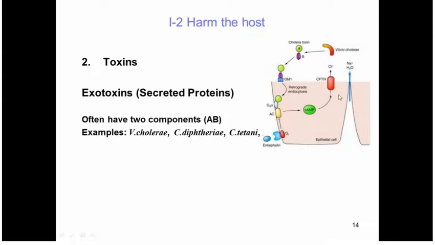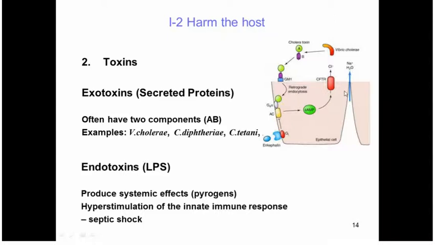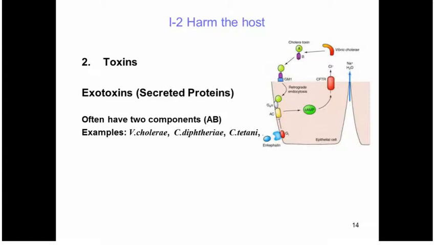To maintain osmotic balance, this will be balanced by sodium export, and then you'll lose a lot of water. And this is what directly causes the symptoms of the infection. Very profuse, watery diarrhea. And this will kill you if you don't have access to clean water to drink.